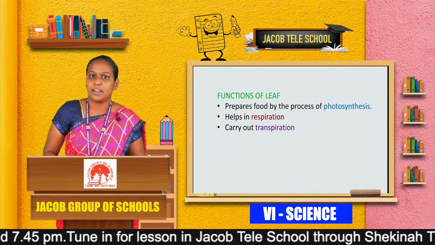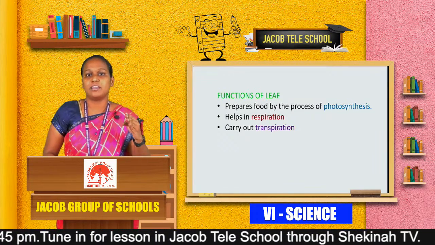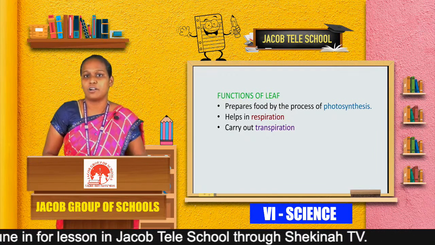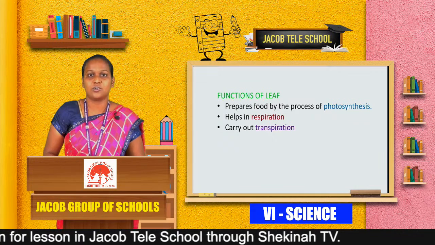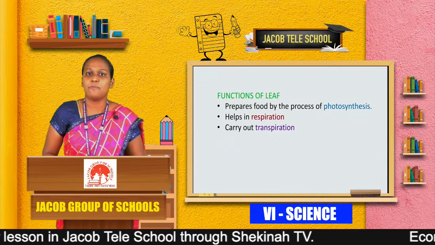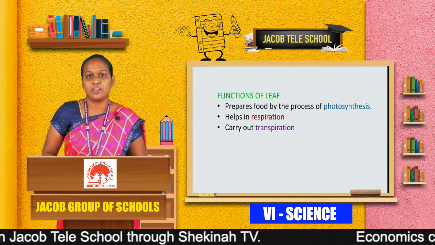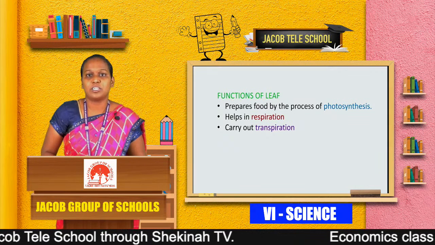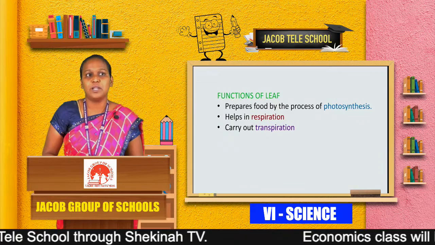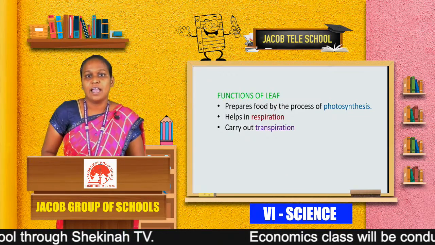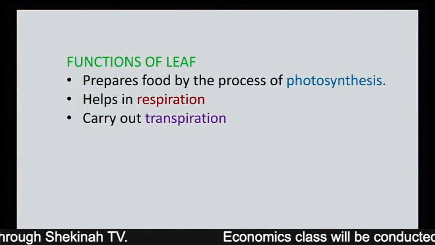The excess water evaporates from the leaves as water vapor, goes off into the atmosphere and helps in the water cycle. Understood children? That is called transpiration: the evaporation of water in the form of water vapor. So the functions of a leaf are preparing food by photosynthesis, helping in respiration and carrying out transpiration.